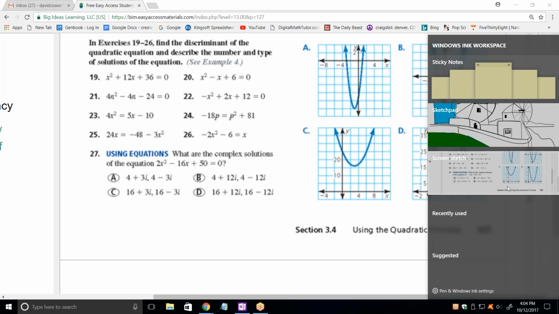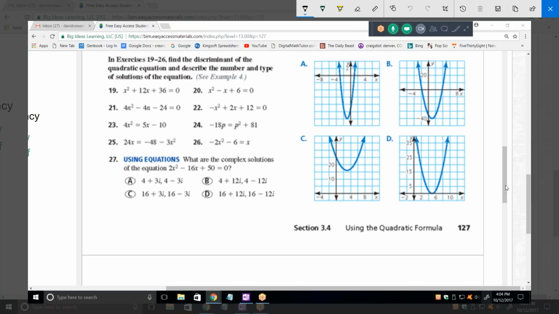Tell me what the discriminant is. What's its formula? It's the stuff that's inside the square root. It's b squared minus 4ac. Yep, that is the discriminant.